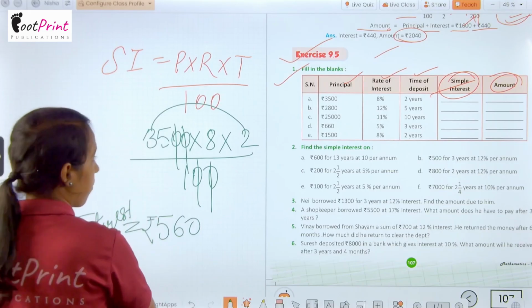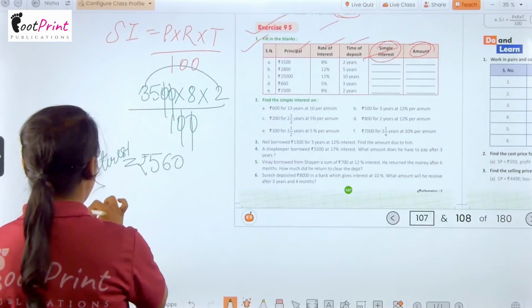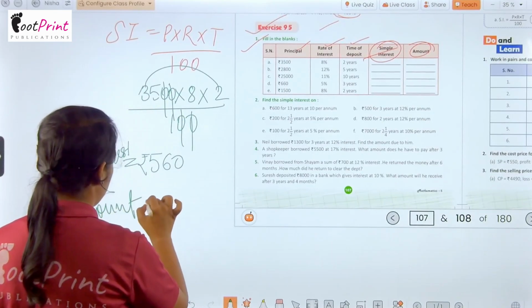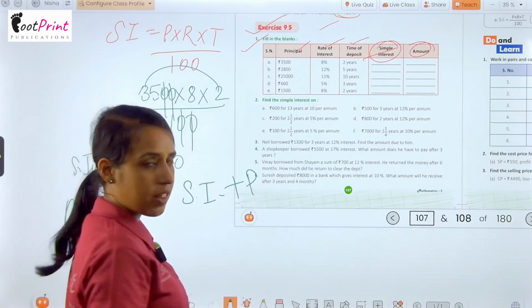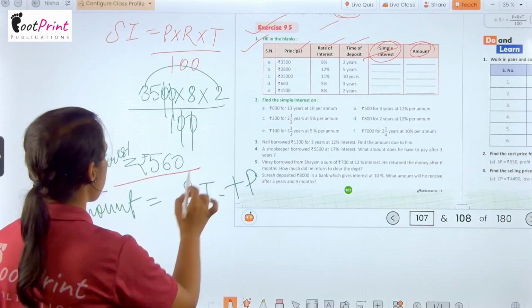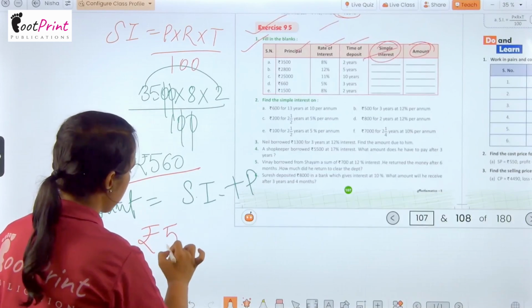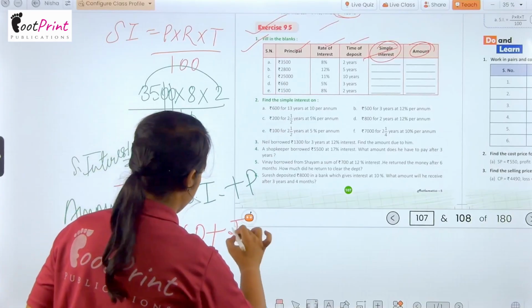Okay, and we have to find out also the amount. So amount we can find out as SI plus principal. SI means simple interest. Here simple interest is 560 rupees and principal is 3500 rupees.